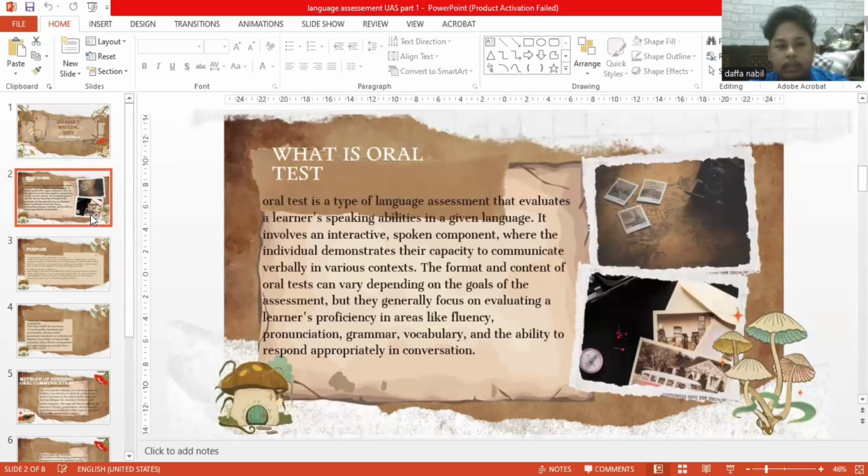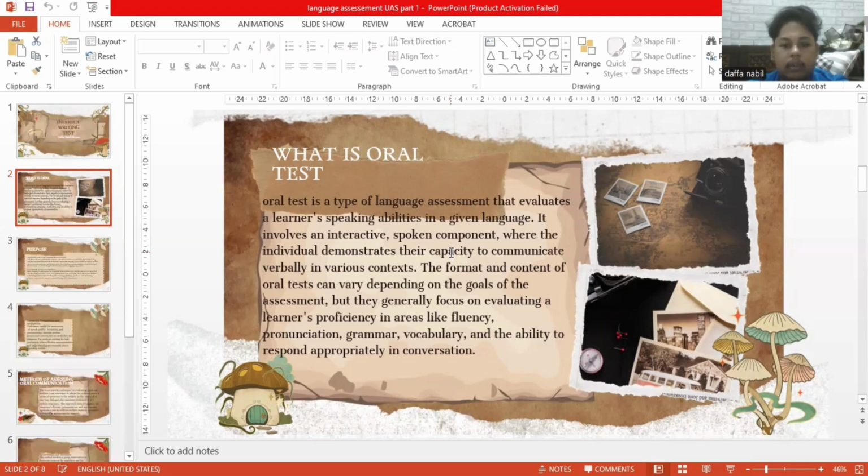what is oral test? Oral test is a type of language assessment that evaluates a learner's speaking abilities in a given language. It involves an interactive spoken component where the individual demonstrates their capacity to communicate verbally in various contexts.